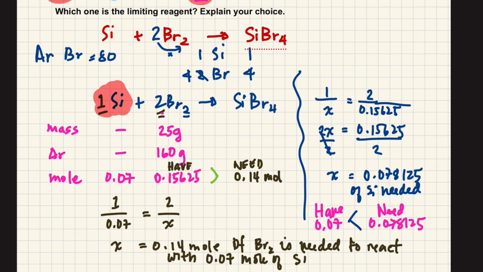If what you have is less than what you need, that means that is the limiting reagent. So we have proven that silicon is the limiting reagent, meaning silicon will get used up first, and then bromine would be the excess reagent because the reaction is over and we still have leftover bromine.